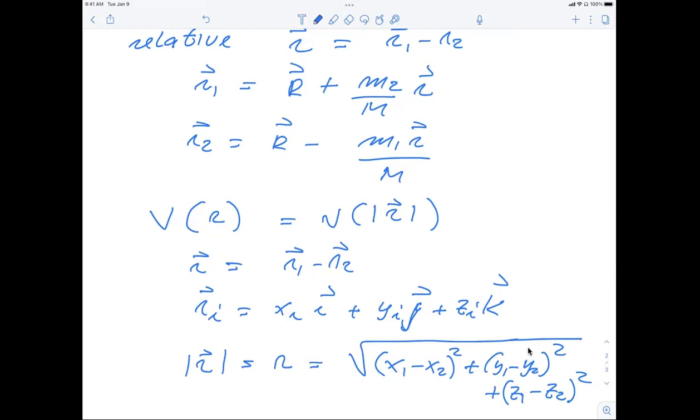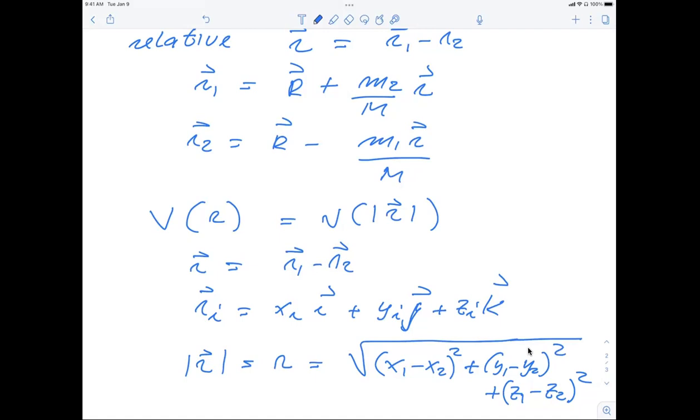So obviously, one of the things is that this potential is translationally invariant. If I change R1 and R2 by the same quantity, so I just shift my coordinate system, then the potential is left unchanged because it depends only on the relative distance.